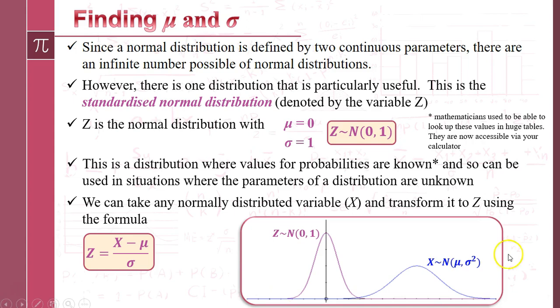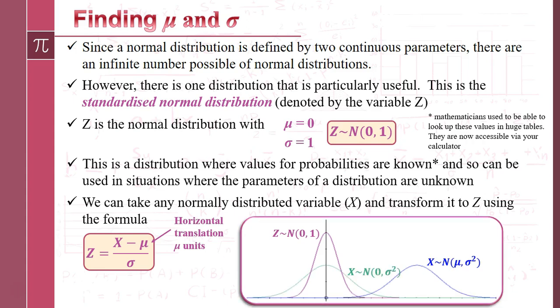So I'm working with these values over here, and this is a distribution I don't know much about, and I want to convert all these x values and transform them into z values, so it maps to this one here, which I do know something about because that's our go-to setting for normal distributions. If we think about it as graph transformations, we've got to do a translation horizontally, which is shifting by mu units. So we take that curve and just shift it that way.